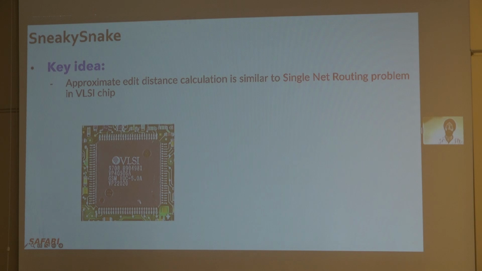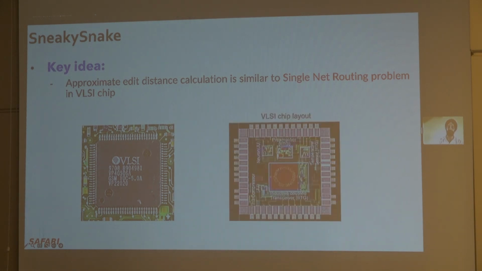So, for example, we have a VLSI chip over here, and when we dissect it, we can find some components and links around the chip. And the problem becomes similar to a snake traversing a maze. So the snake wants to go out of the chip layout or the maze, and we need to find the shortest path for how the snake can progress. And there are more details which Mohammed will probably discuss.